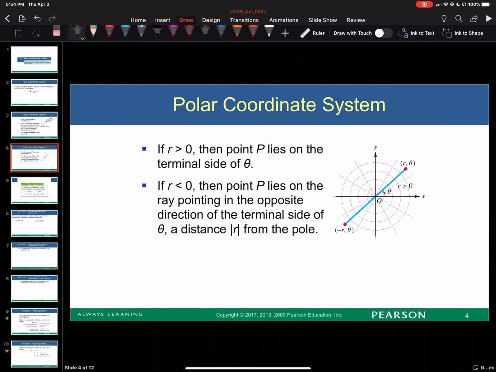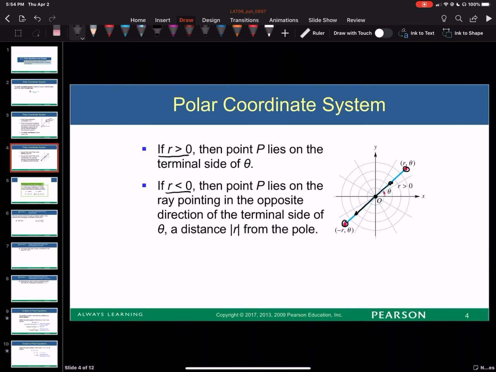So we're talking about here and here. We have one going this direction, and we have one going this direction. So keep in mind, like I said, the key thing is r is greater than 0, and if r is what? Less than 0.